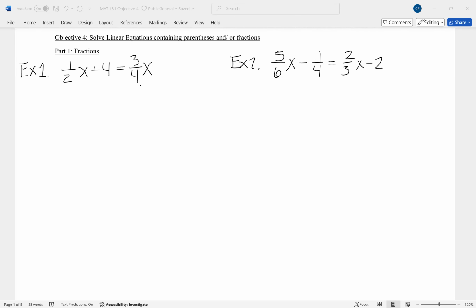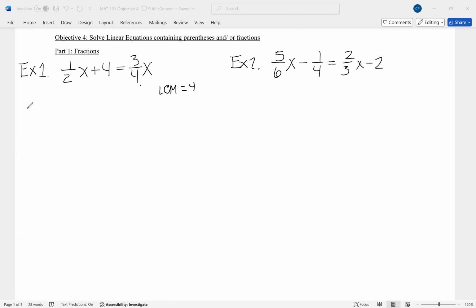So an easy way that we talked about how to do this in Math 130 was to find the LCM and multiply that LCM by the whole equation, okay? So if we look at our denominators, 2 and 4, the LCM, which stands for the least common multiple, is going to be 4.